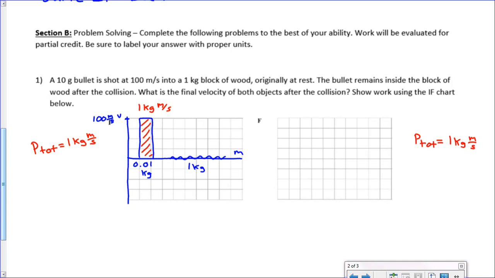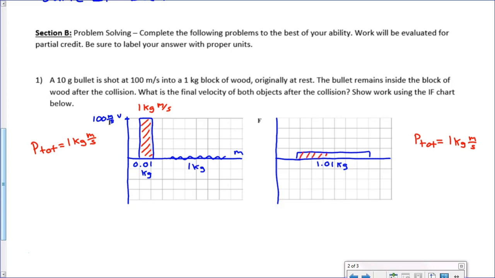The next thing you have to think about is what's moving in the end. I said we kind of only have one object here, right? We've got the block and the bullet kind of fused together into one object. And so I'm going to assume that it's moving here in the positive direction then, because we know that momentum is positive. It has a mass of 1.01 kilograms because it is the mass of the bullet plus the block.